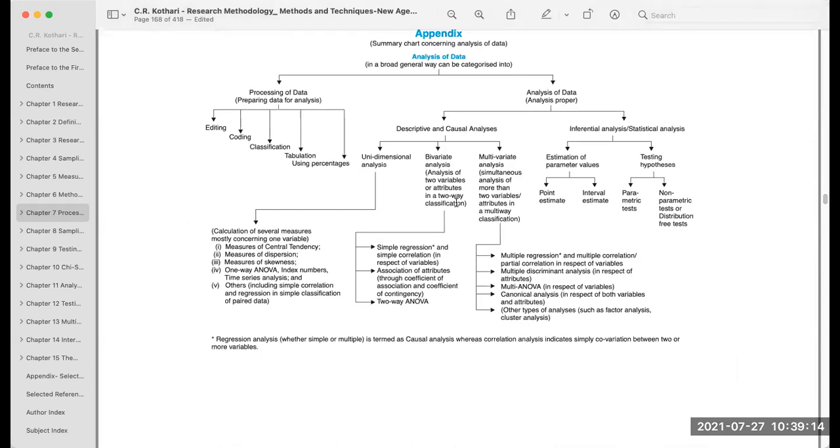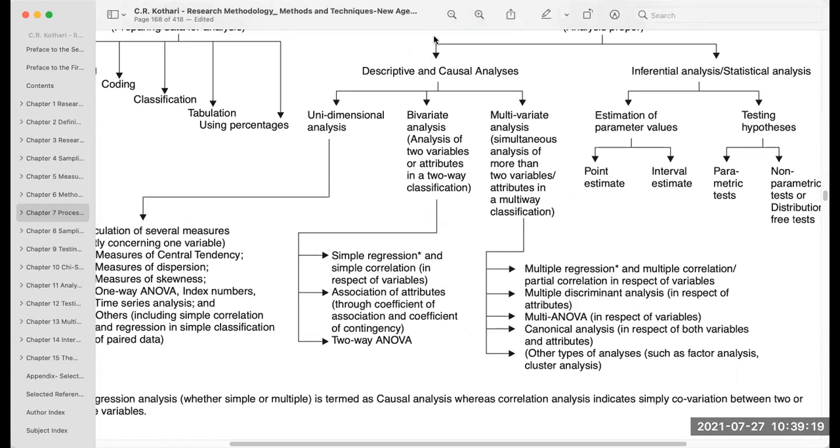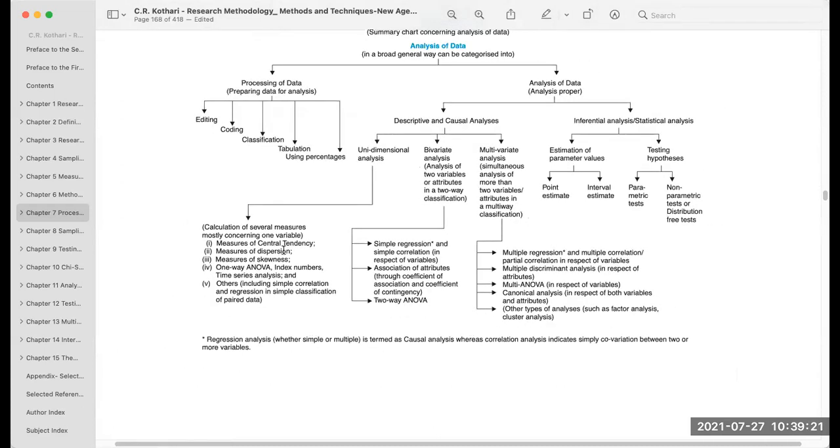So here you can say in the unidimensional analysis, we can have the measure of central tendency for one variable, measure of dispersion, measure of skewness. You can perform the one-way ANOVA.